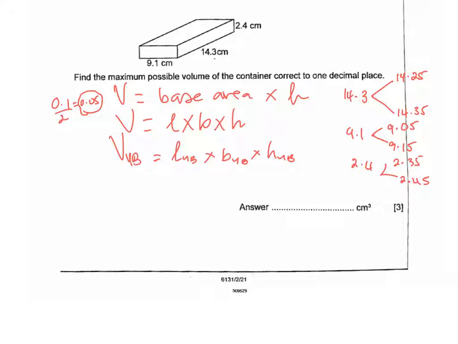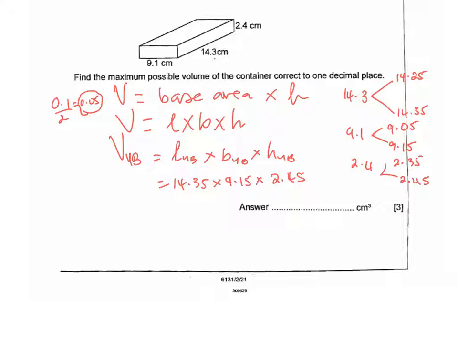Now to get the maximum volume, we multiply the length UB, which is 14.35, times the UB of 9.1, which is 9.15. Then we multiply with the UB of 2.4, which is 2.45.